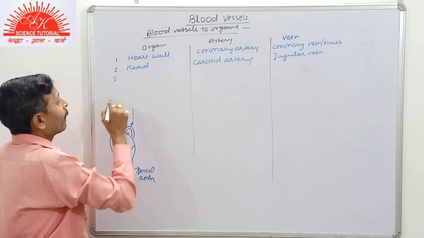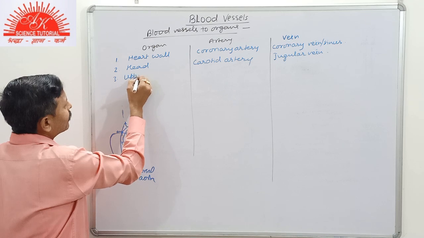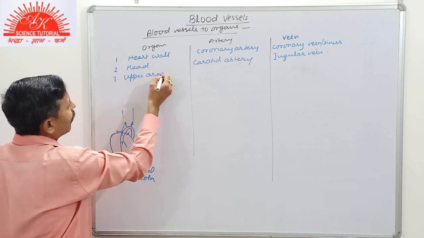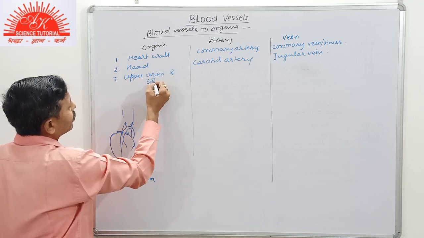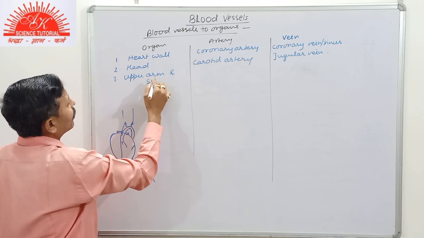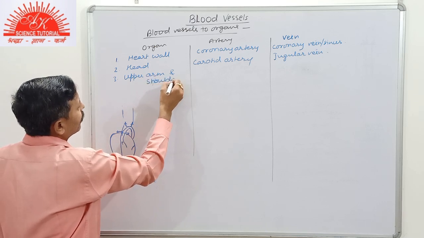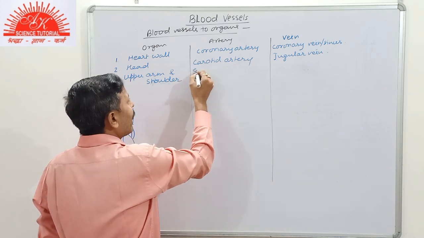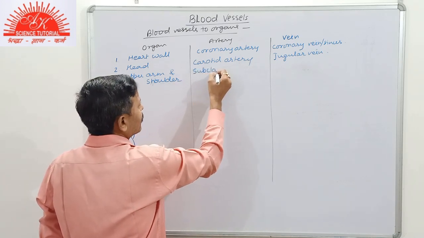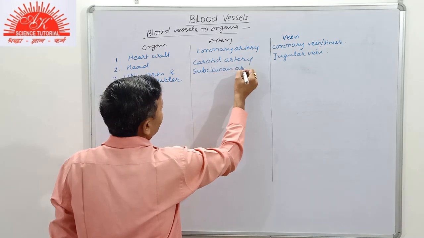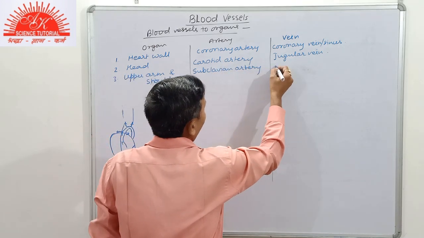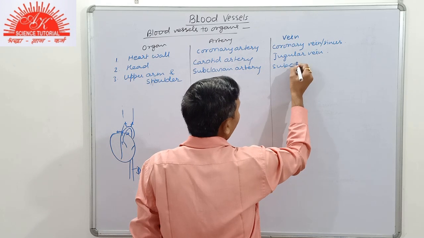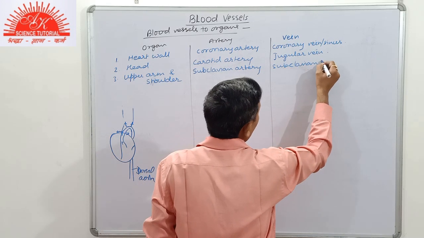Third, the upper arm and shoulder. It is the subclavian artery, and here is the subclavian vein.